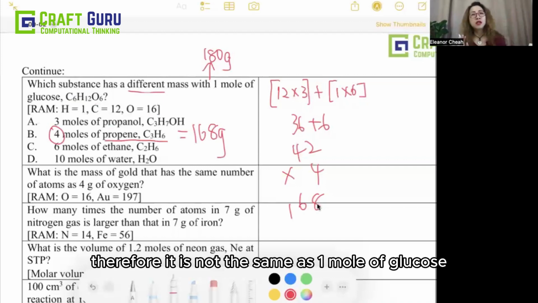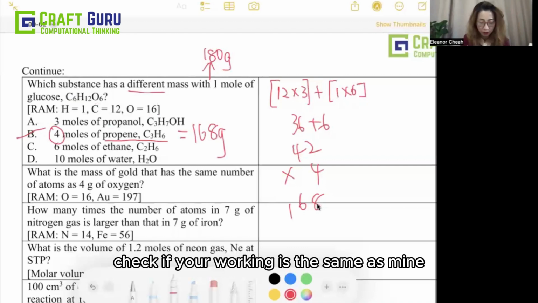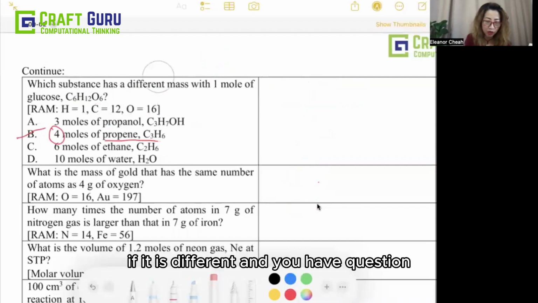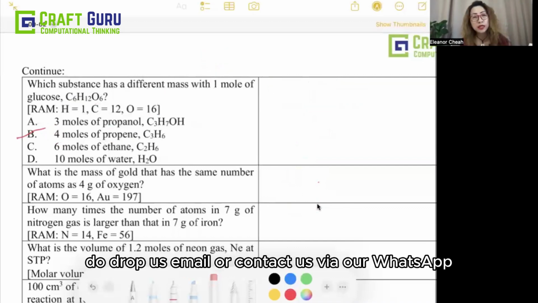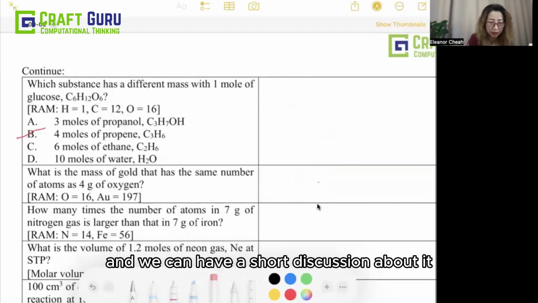Therefore, it is not the same as 1 mole of glucose. The answer is B. Check if your working is the same as mine. If it is different and you have questions, do drop us an email or contact us via our WhatsApp, and we can have a short discussion about it.